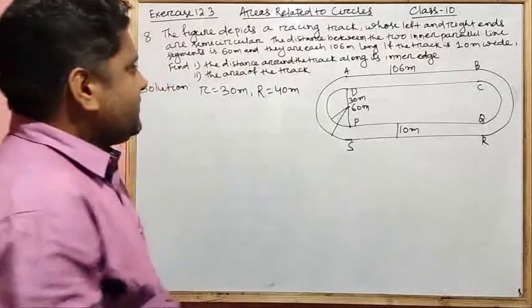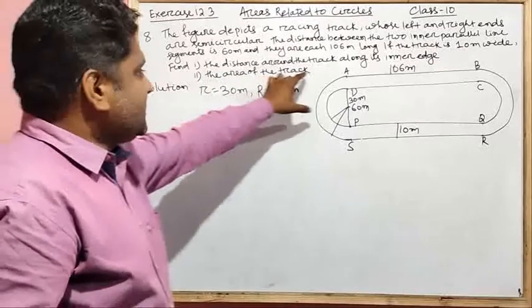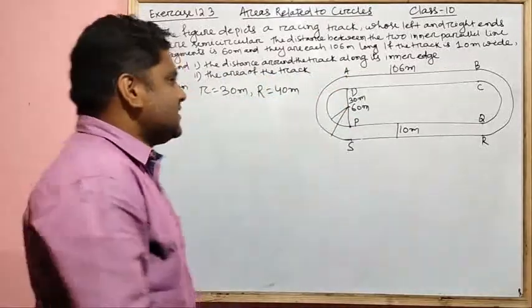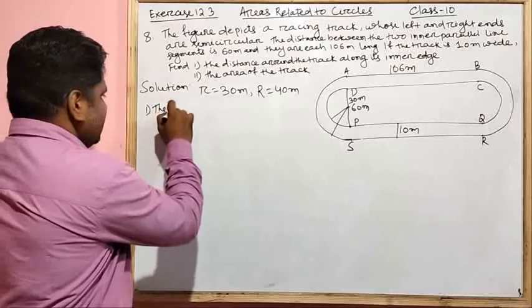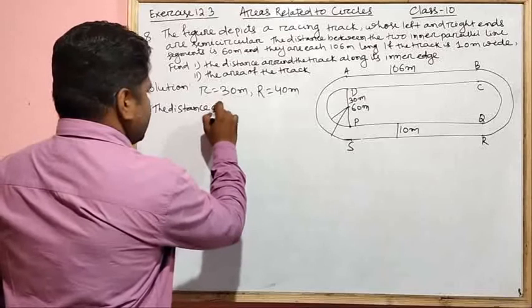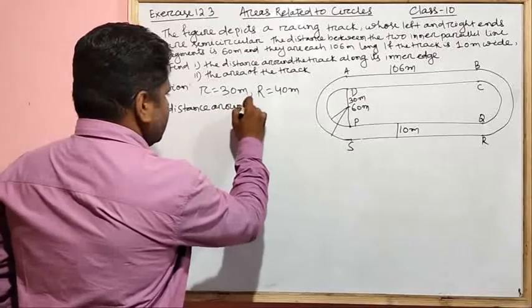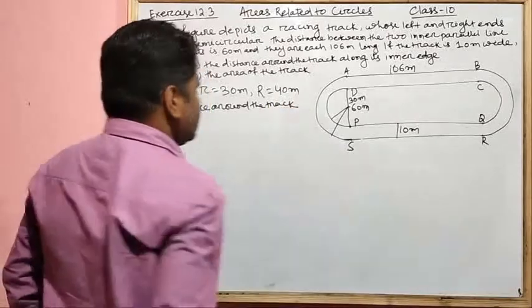This much we have. If the track is 10 meter wide, find the distance around the track along its inner edge. First one, we have to find the distance around the track along its inner edge.